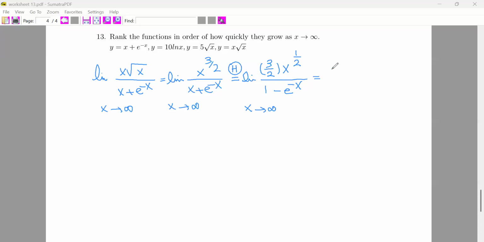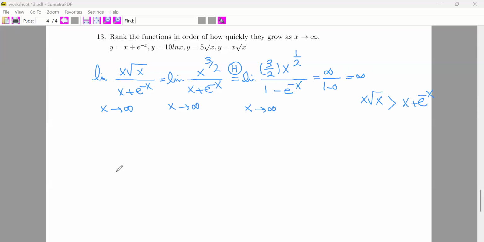So when x is approaching infinity, the top will be infinity, and the denominator is 1 minus 0 because e to negative infinity is 0. So the answer is infinity. So far, we've found that x square root of x is growing faster than x plus e to negative x.